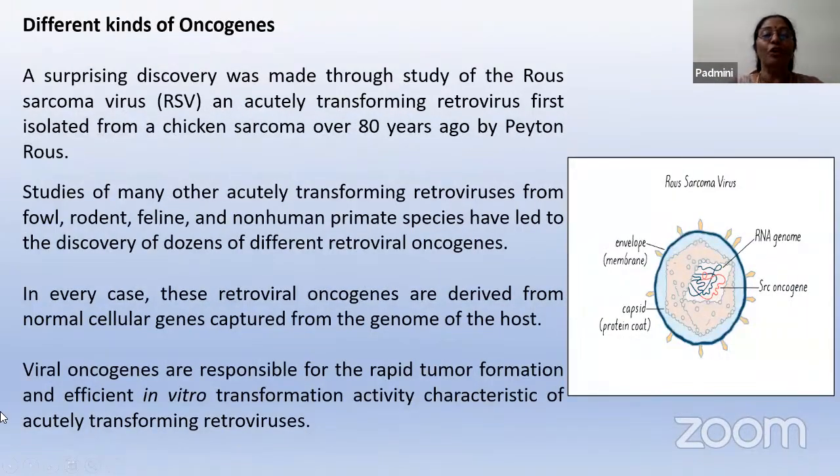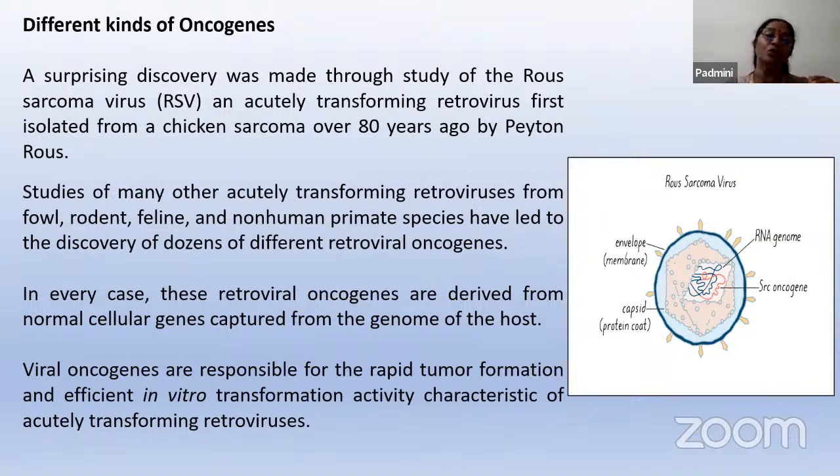So, different kinds of oncogenes. What are the different kinds of oncogenes that we'll be talking about, and how did we come across these oncogenes? First, we have to give credit to the scientist Peyton Rous, because a surprising discovery was made by Peyton Rous through the study of the Rous sarcoma virus, also called RSV, an acutely transforming retrovirus first isolated from chicken sarcoma over 80 years ago.